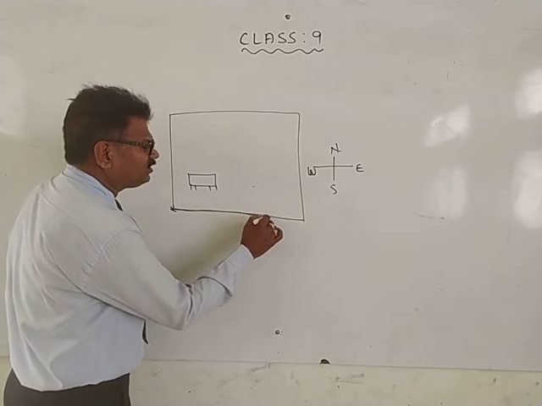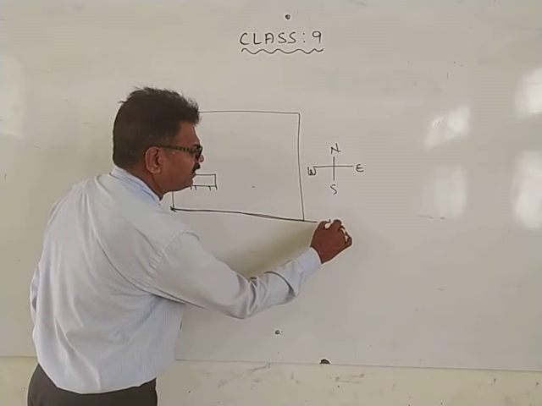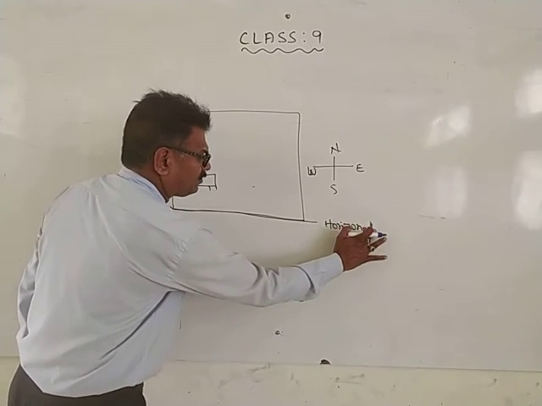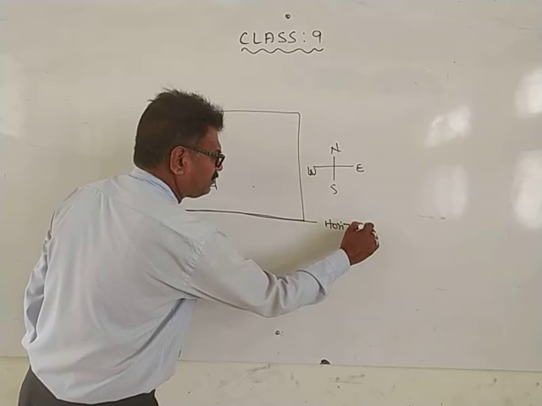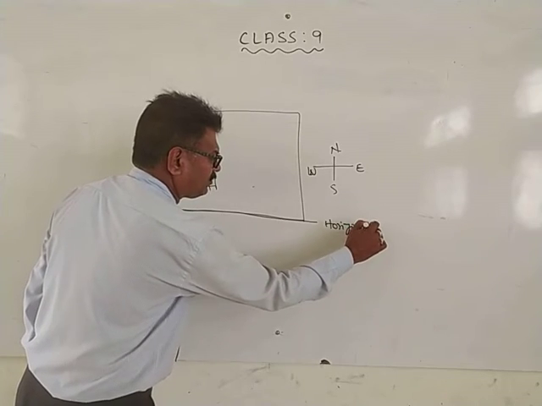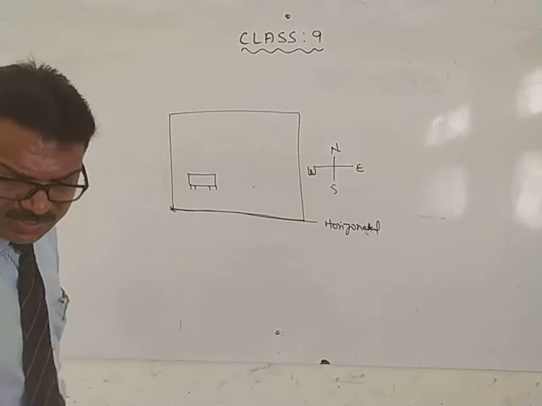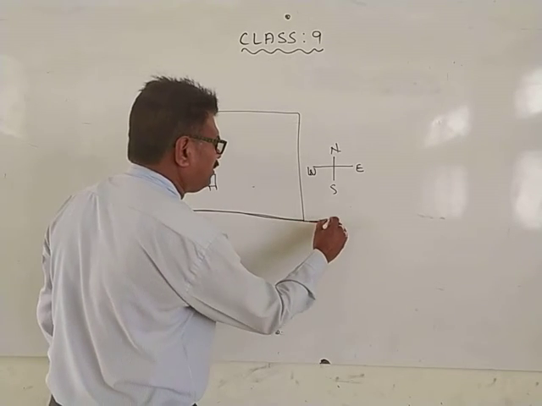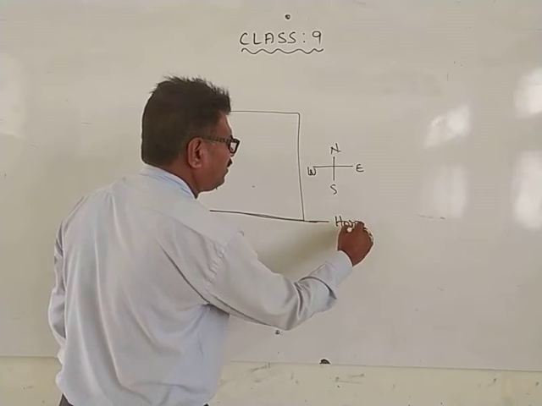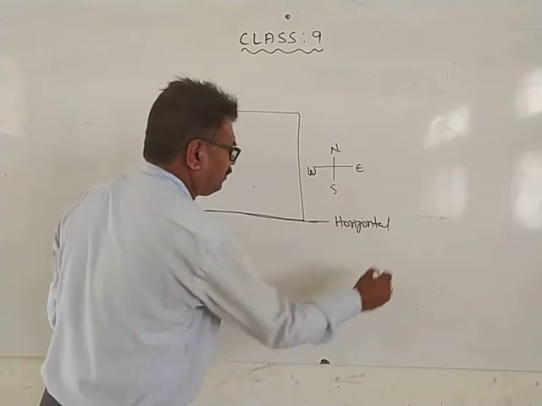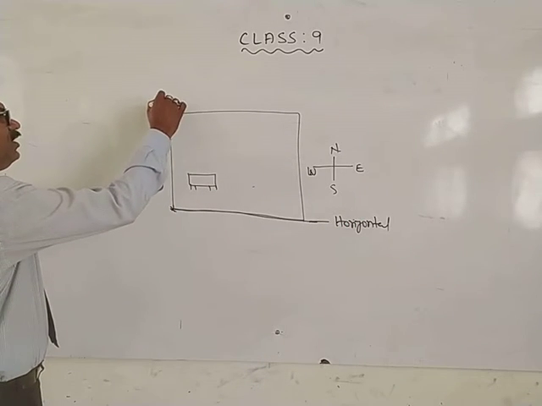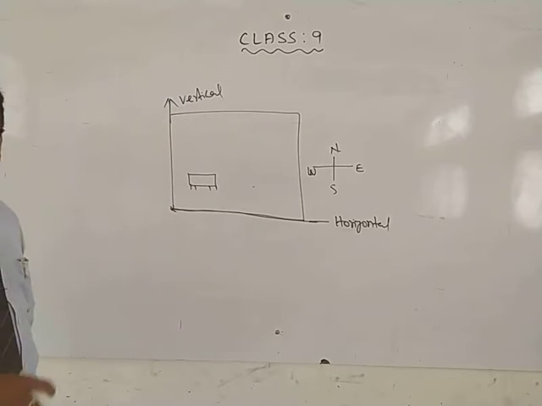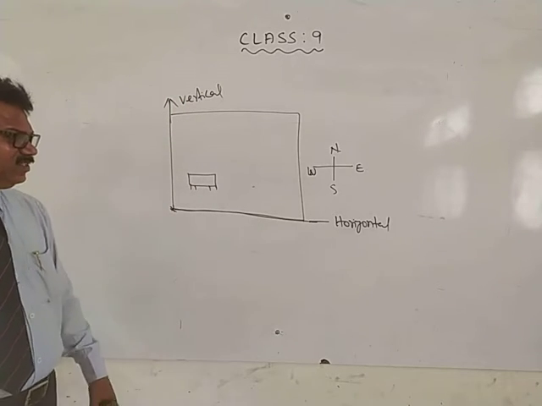This line is the horizontal line, and this is the vertical line. Vertical means standing at 90 degrees.